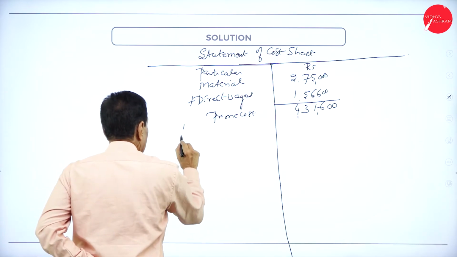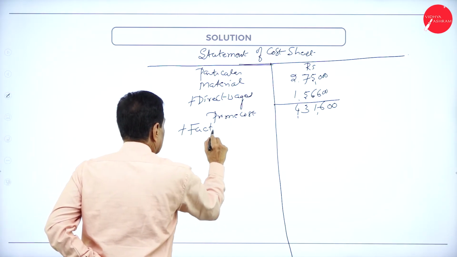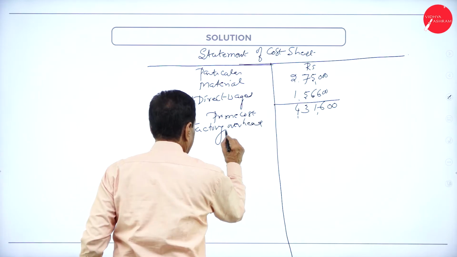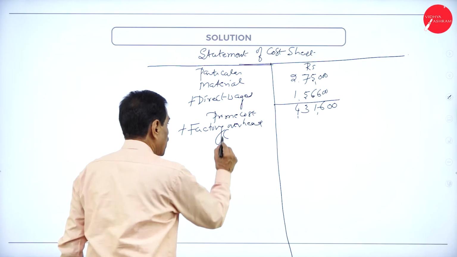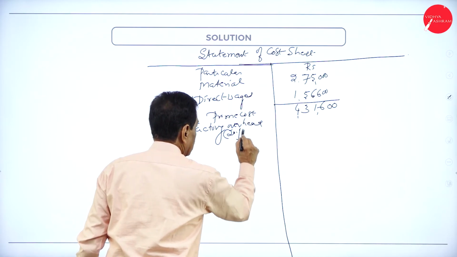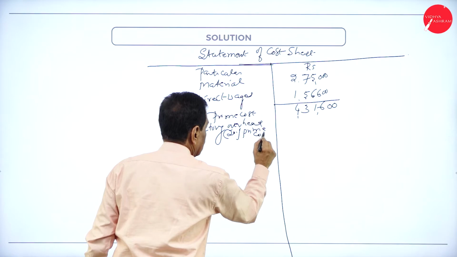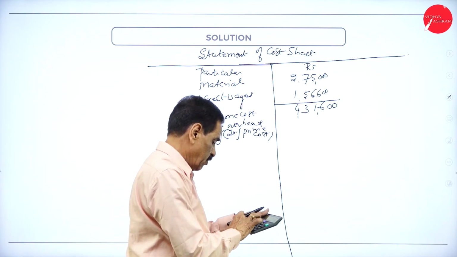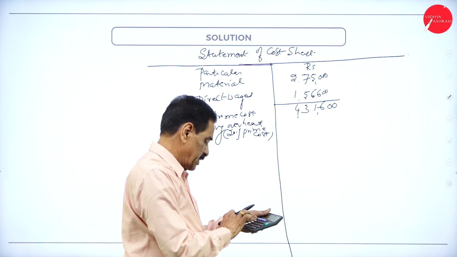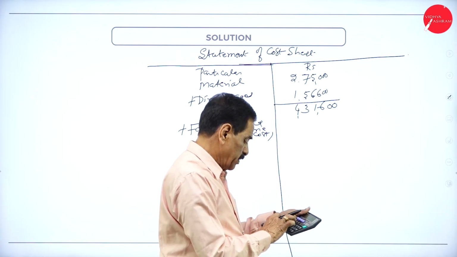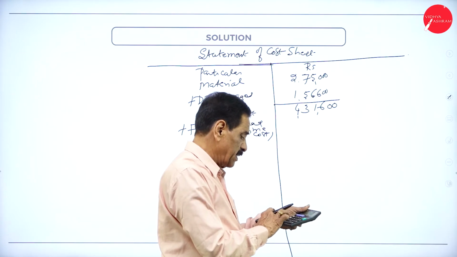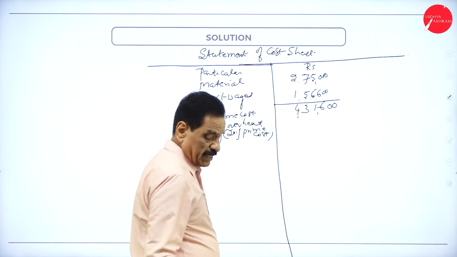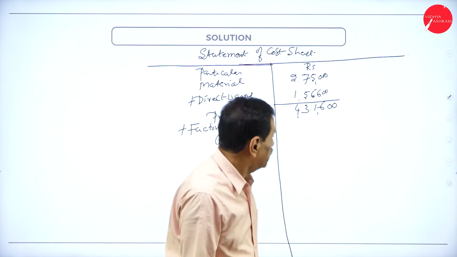Plus factory overhead, 20% of prime cost. 4,31,600 into 20 divided by 100, so 86,320.